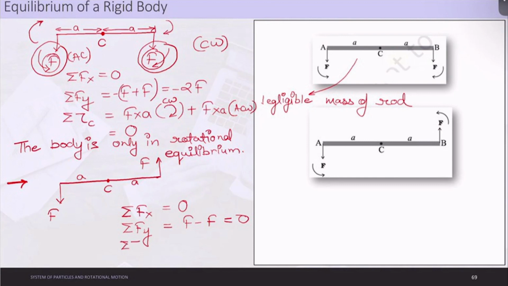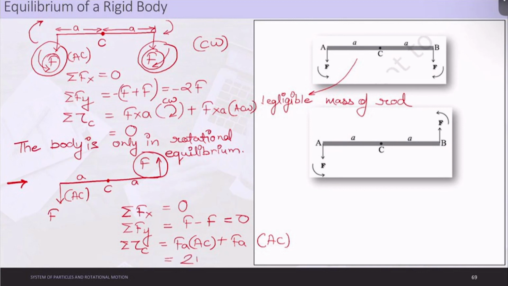And what is summation torque about point C? So let us first calculate for this force. For this force, it will be in anti-clockwise rotation for F into A. And for second force, it will be in anti-clockwise rotation again. So for this also and for this also, as you can see clearly, if we start from C, then it will be anti-clockwise rotation for the first force, and for second force also it will be again anti-clockwise.